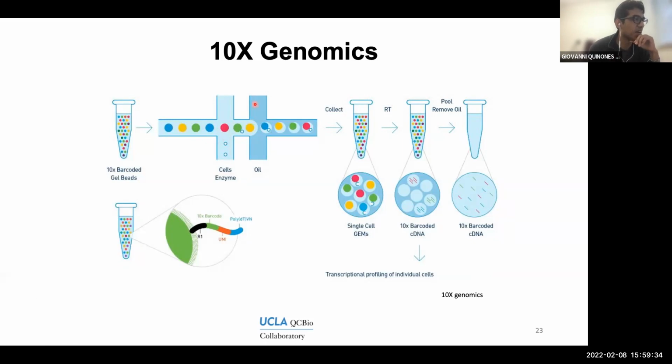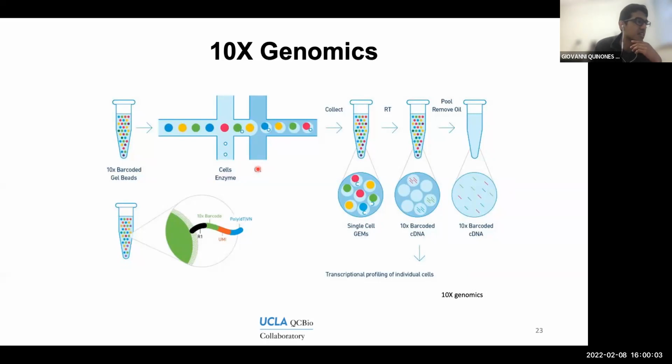Then by adding oil into this fluid, we'll be able to split them into individual droplets, where ideally one droplet will contain the bead and one cell. And at this point, I just wanted to show why we need a bead in the first place.